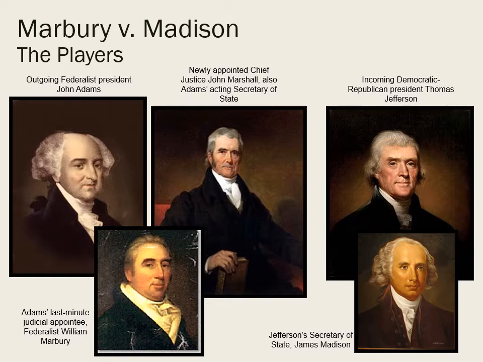Okay, so what happened? John Adams, who is a Federalist, lost his re-election to Thomas Jefferson, who is Democratic Republican. And at the same time, the Federalist-controlled Congress lost as well. So the incoming Congress was going to be controlled by the Democratic Republicans. So the Federalists were very unhappy with this situation, but they still had power during this lame duck session.